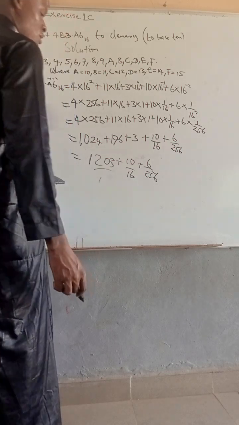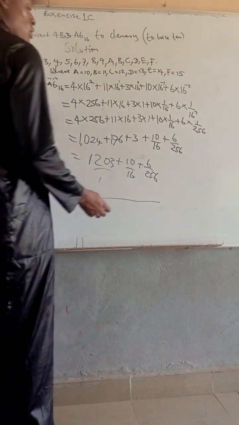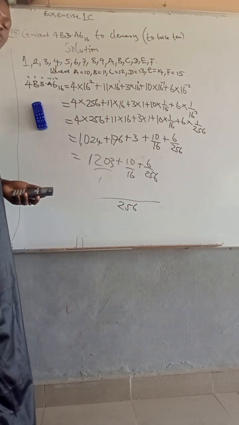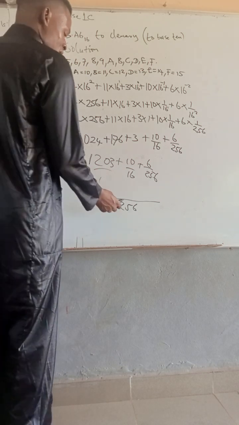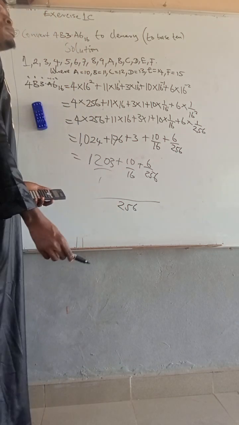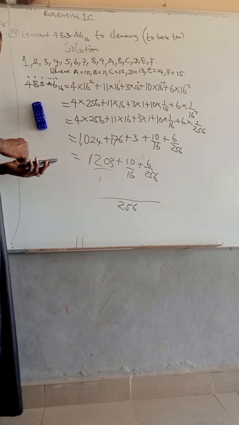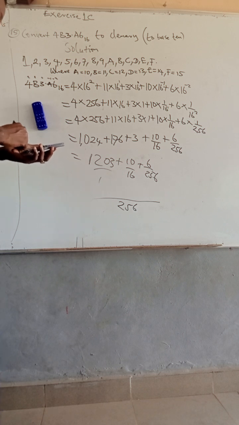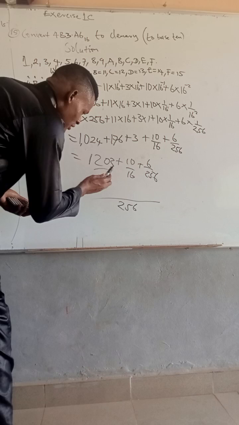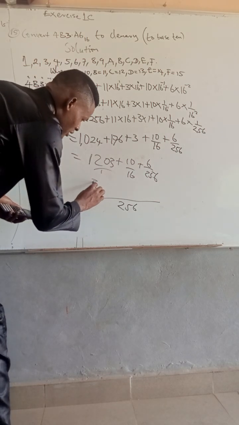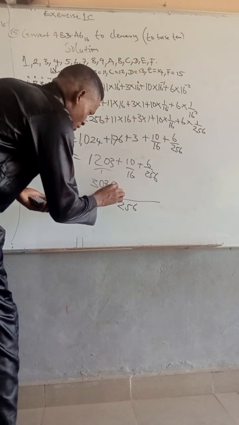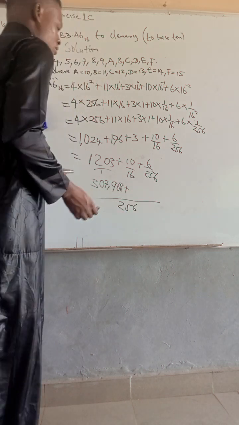When you consider the whole number as all over 1, then you take the lowest common multiple of these denominators, which is going to be 256. So 1 into 256 will give you 256. Then 256 multiplied by 1203 will give you 307,968.